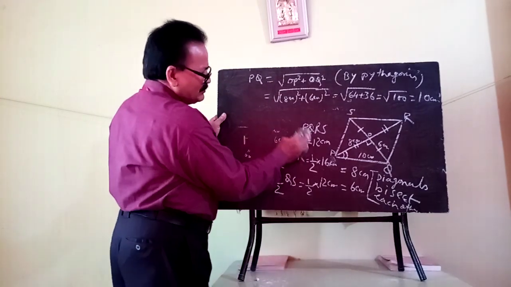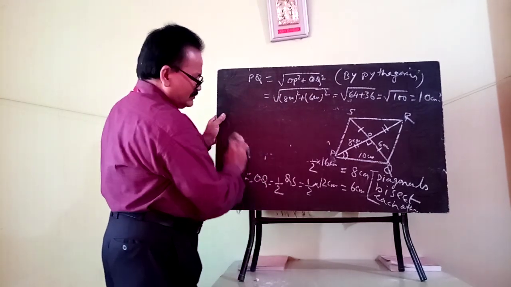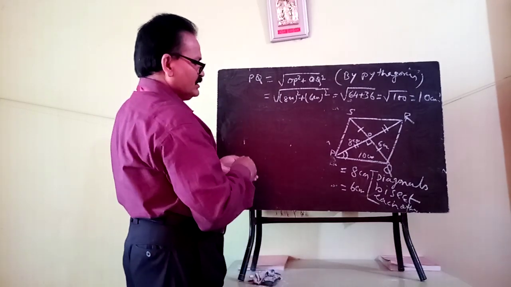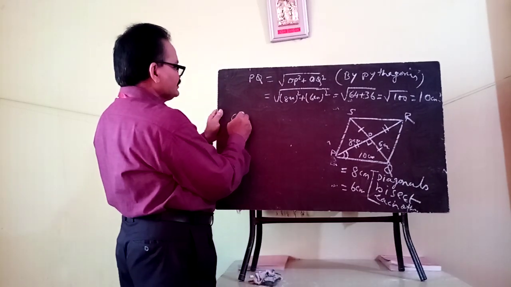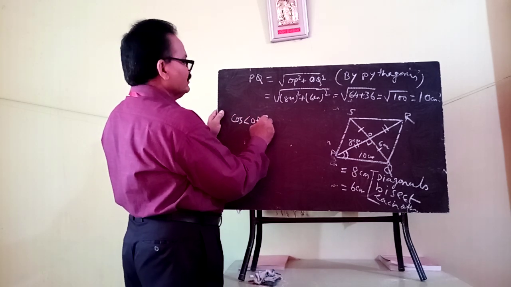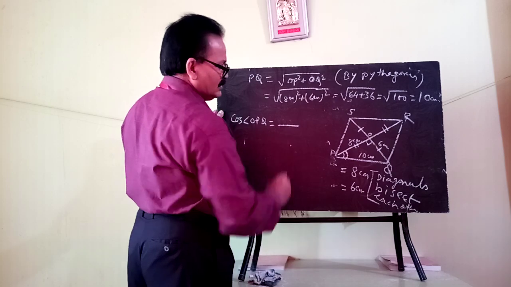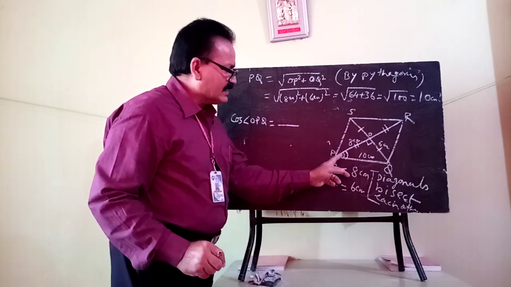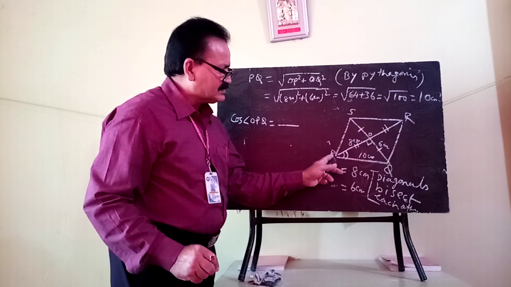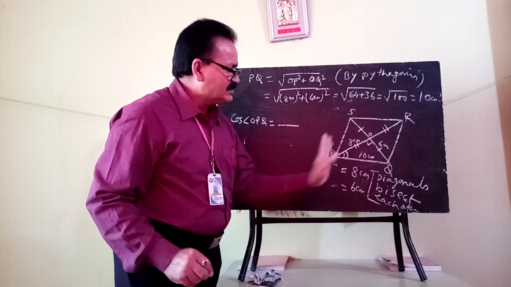Now come to your question, because you have to find the cos of angle OPQ. If you take this angle, and this is 90 degrees, OP is the base and PQ is the hypotenuse.